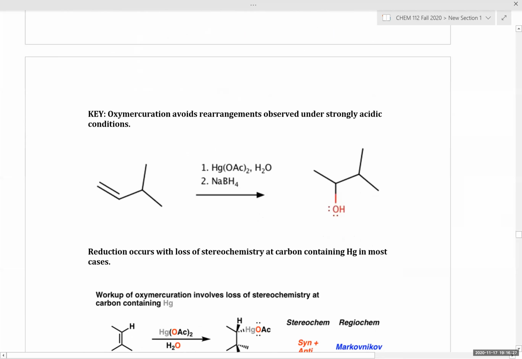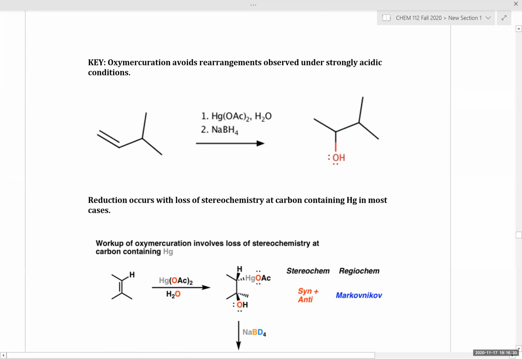Okay. One thing to note and one benefit of oxymercuration compared to acid catalyzed processes is that oxymercuration avoids rearrangements observed under strongly acidic conditions. Just as a reminder, if we took this alkene and I tried to hydrate it using H3O+, remember, what we saw was not our desired hydration product. Instead, we got a bit of a mess.